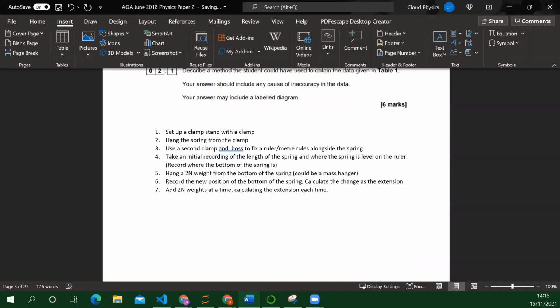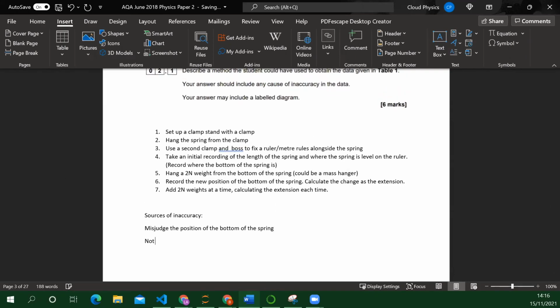So that's actually the experimental bit done. It says sources of inaccuracy. We could misjudge the position of the bottom of the spring. Another one, which I thought of, is that if you add masses to it, it would bounce around, wouldn't it?